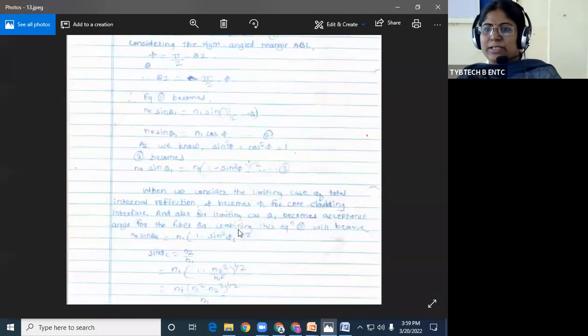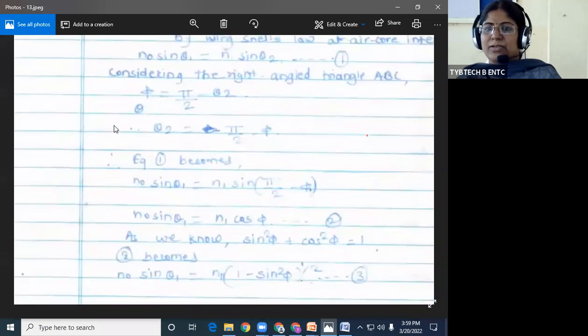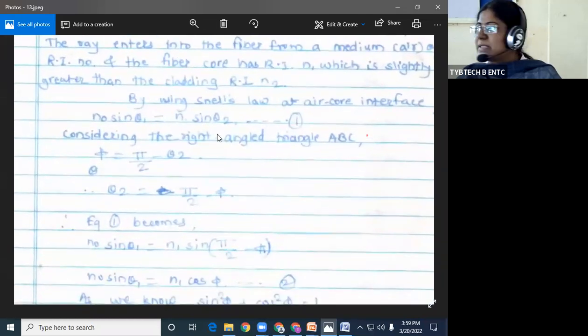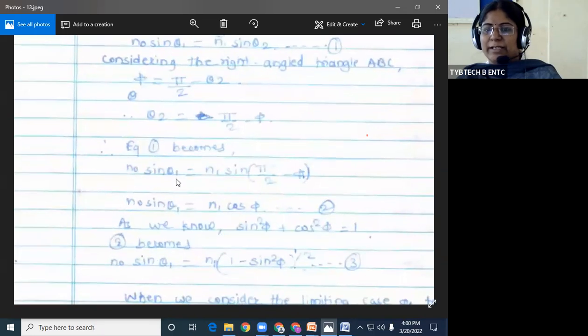So what is the first equation? n0 sin θ1 is equal to n1 sin θ2, where θ2 is nothing but pi by 2 minus φ. So we can write n0 sin θ1 is equal to n1 sin (pi by 2 minus φ). But we know the basic equation: sin (pi by 2 minus φ) is equal to cos φ.